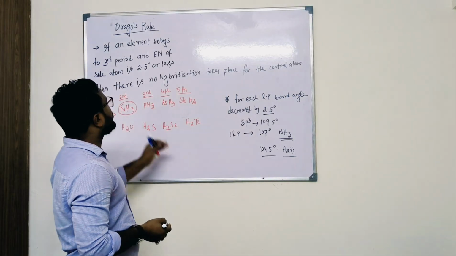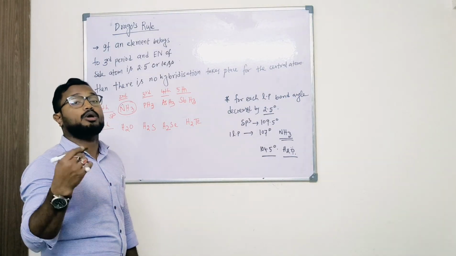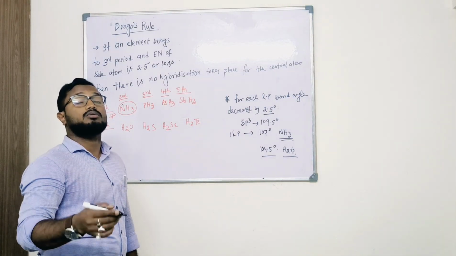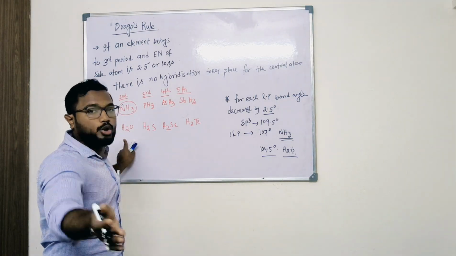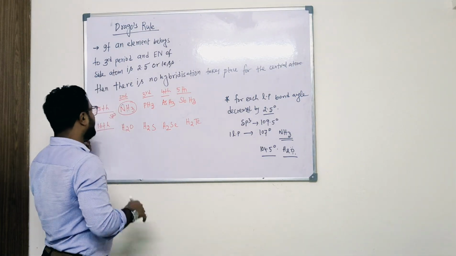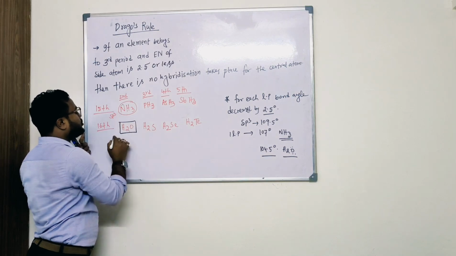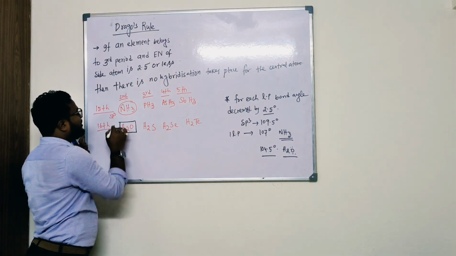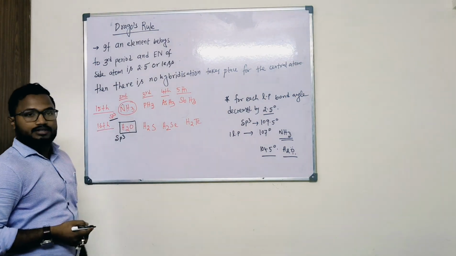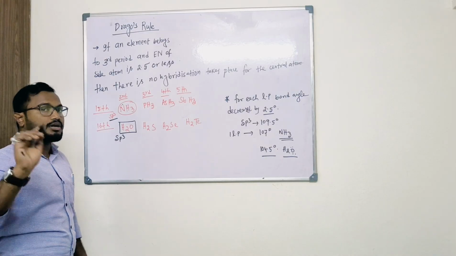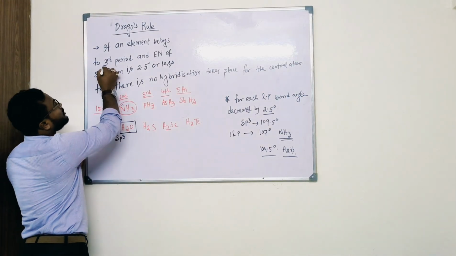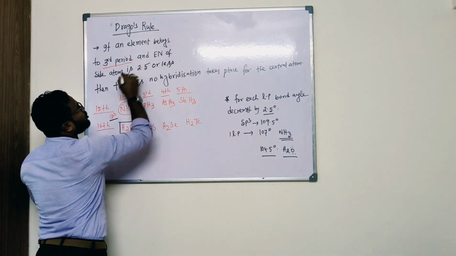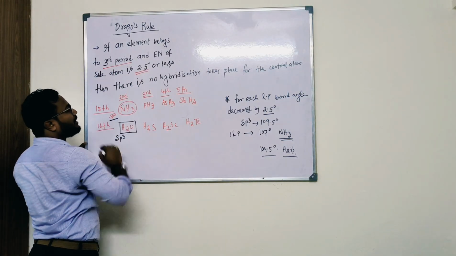But according to Drago's rule, how can we decide which is going to show hybridization, which is going to show different hybridization, and which is not going to show hybridization? Let's check. In case of H2O we can see sp3 hybridization, here also sp3. What is the statement? Check properly: the element belongs to the third period and the electronegativity of the side atom is 2.5 or less.